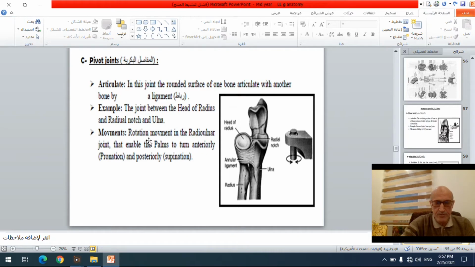The movement is rotation. In the radio-ulnar joint, it enables the palm to turn anteriorly, pronation, and posteriorly, supination. This is the ulna, this is the radius. This is the head of the radius, moving on the notch of the ulna.